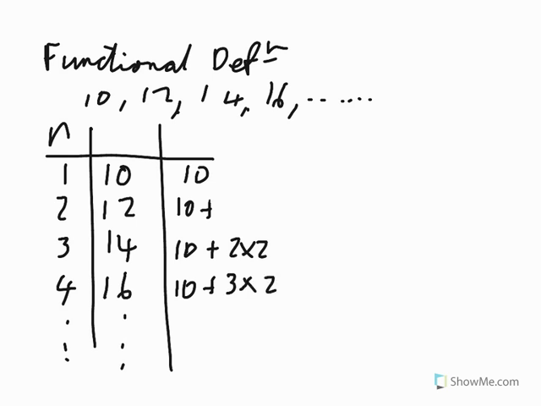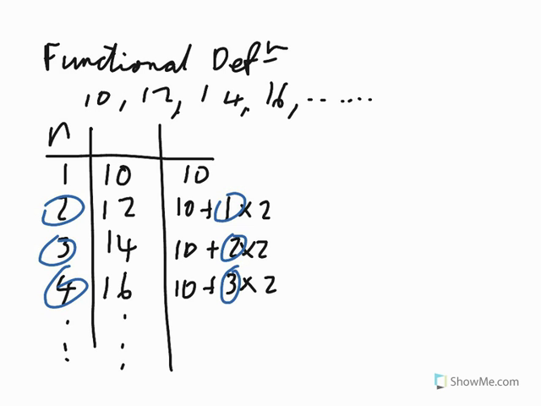So that first one, or the second term, is 1 times 2. Now when we have a look at our term numbers and the number of times we're adding 2, you notice that there's one difference in there.